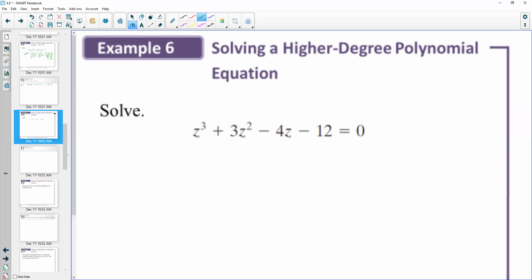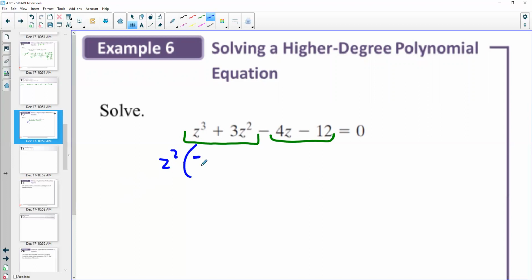So we need to think about what to do with this. In this case, it looks kind of crazy, but I see ways that I could factor, right? I could treat this like a factor by grouping. Let's do that. Let's see what happens. So out of the first group, I'm going to take z squared.